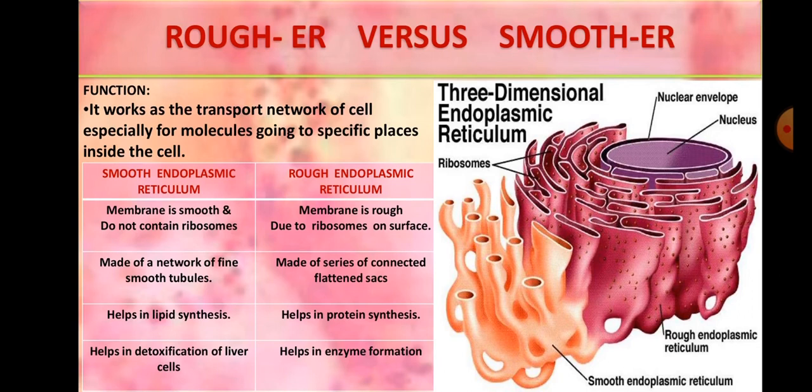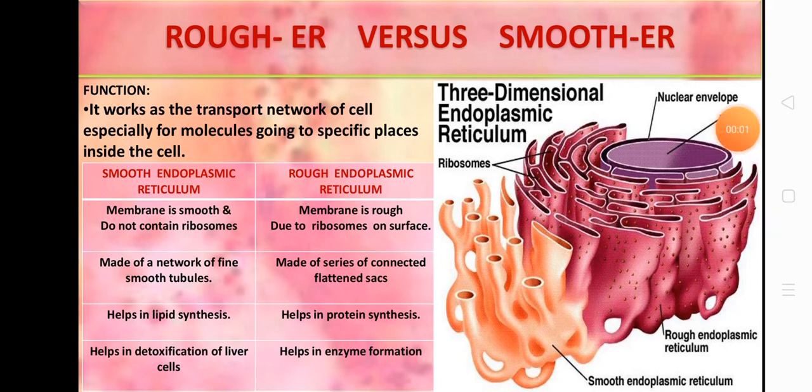What you see in the picture here is a nucleus surrounded by endoplasmic reticulum. It's a cut open picture and you can see it very clearly. The rough endoplasmic reticulum has small dots over it. That is why its surface appears rough. And the smooth endoplasmic reticulum appears obviously smooth. And they are surrounding the nucleus.